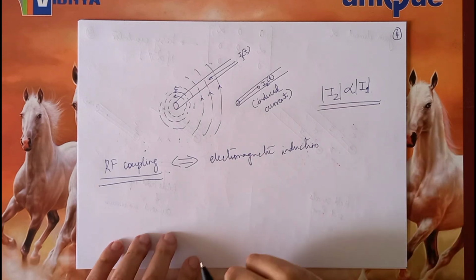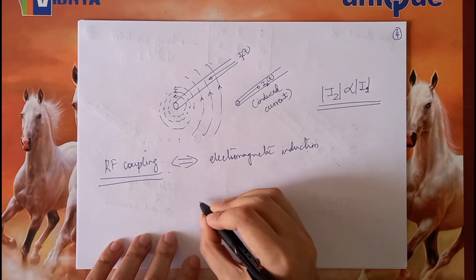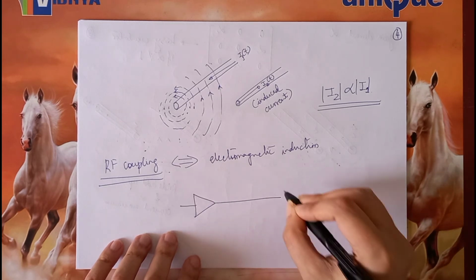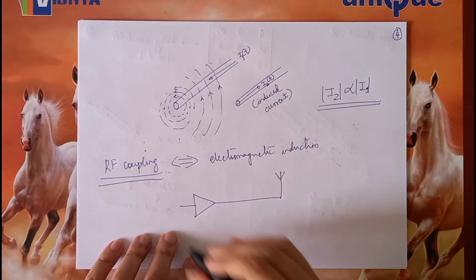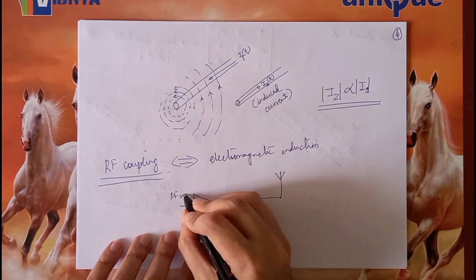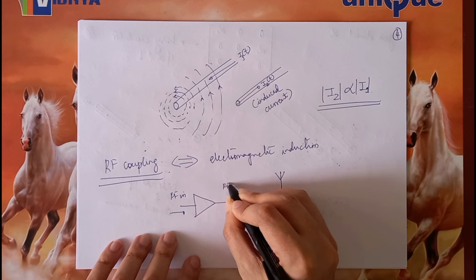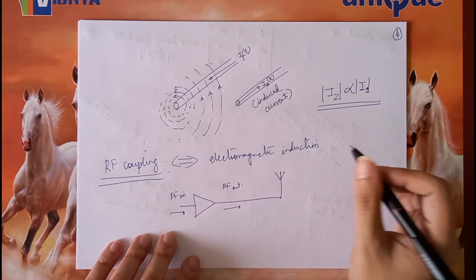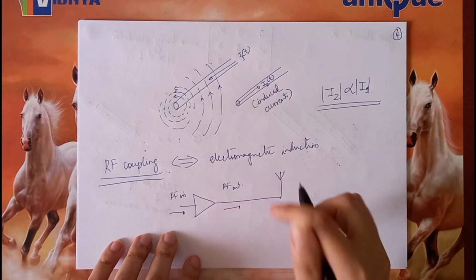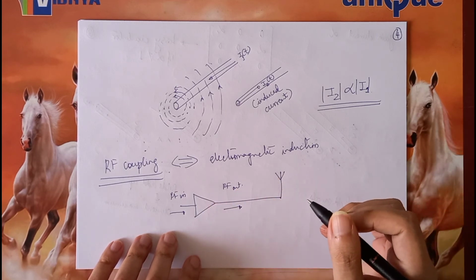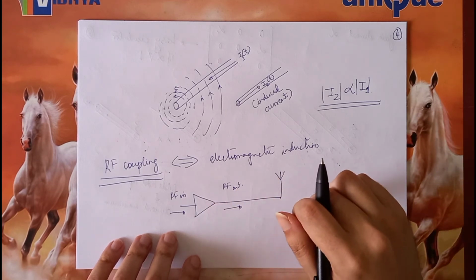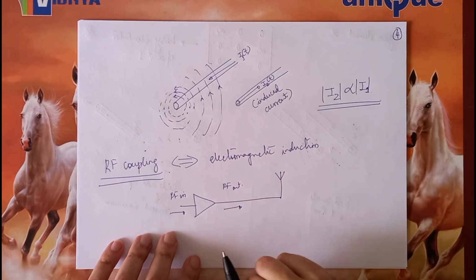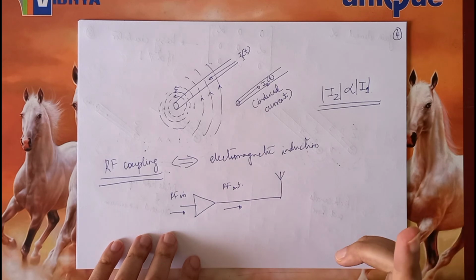Now, where would we use this? Suppose I have an amplifier that is carrying an RF signal to an antenna. Suppose this antenna is connected to the amplifier, but we want to be sure as an engineer that indeed the amplifier is giving the proper output.